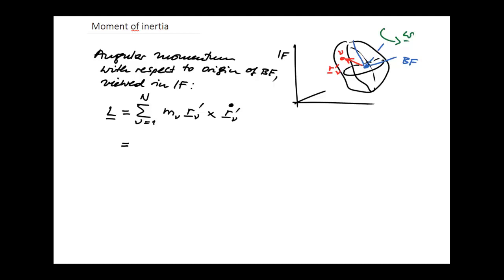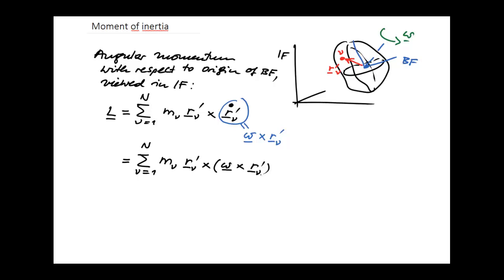For this we know this is equal to the angular velocity vector product with r nu prime. So in total, the angular momentum has this form. It's m nu r nu prime vector product with omega vector product r nu prime.